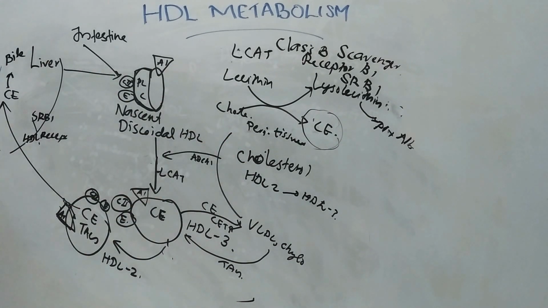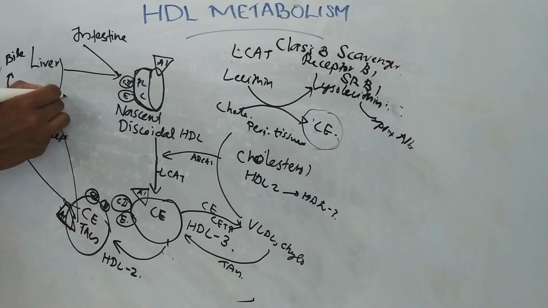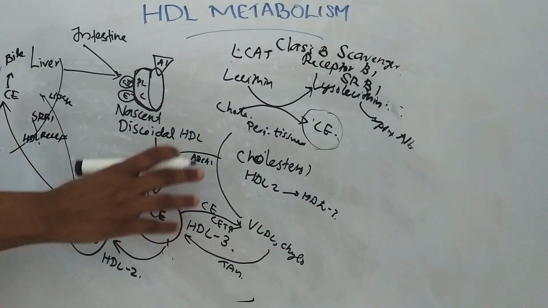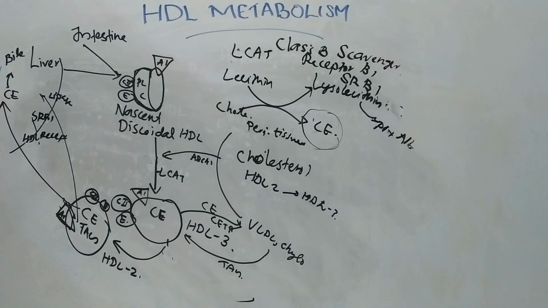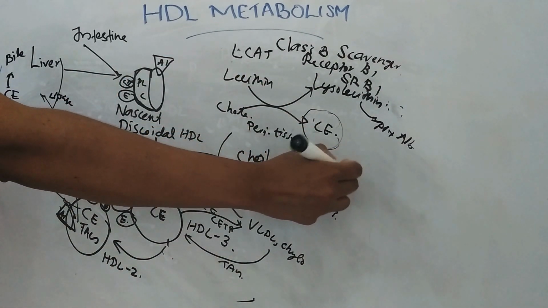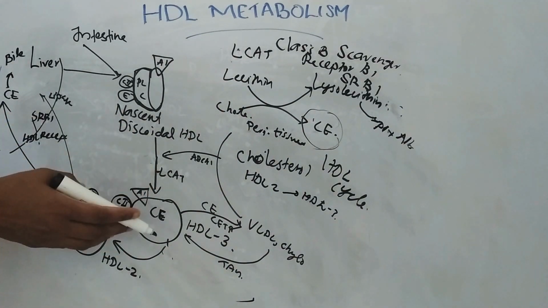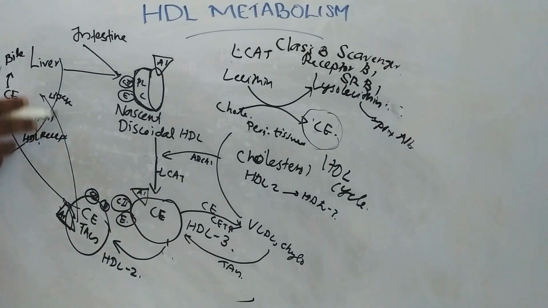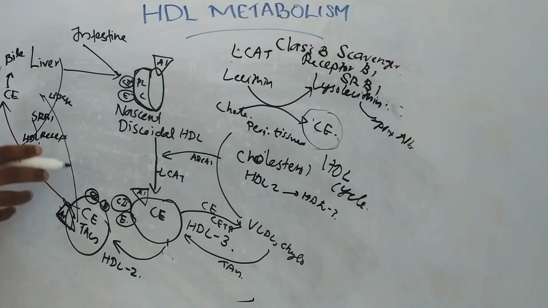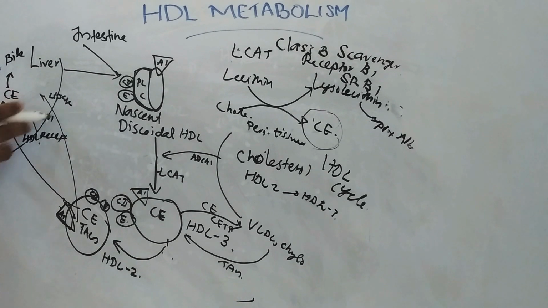HDL3 is reformed either after delivery of cholesterol esters to the liver through SRB1, or by the hydrolysis of HDL2 phospholipid and triacylglycerol by the enzyme hepatic lipase.